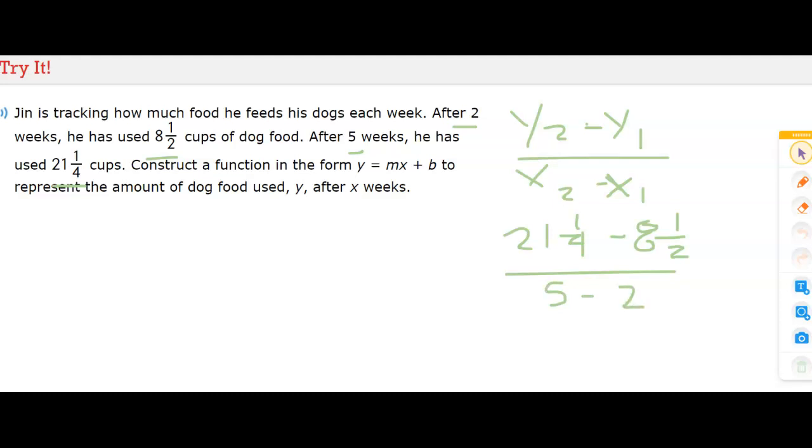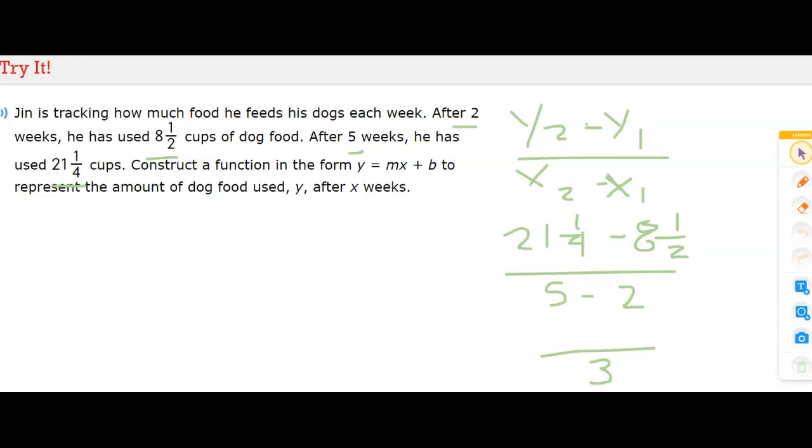Now we need to solve. 5 minus 2 is obviously 3. And then with the fractions, subtracting fractions, these are mixed numbers, so you can first put them as improper fractions. Then make sure they have the same denominator to subtract and get your answer.